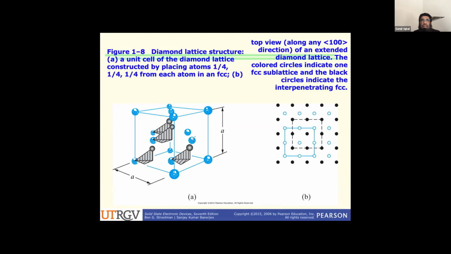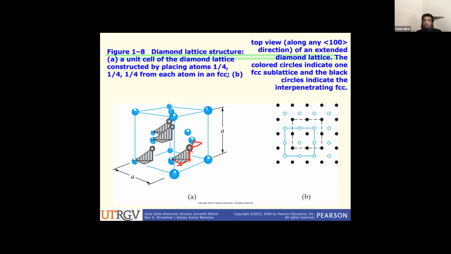So if I were using this one, I would still see that it was 1/4 by 1/4 by 1/4 away. So precisely it's 1/4 in this direction, 1/4 in this direction, and 1/4 in this direction. All right. So what's the twist in the diamond structure? There are 4 more atoms in it on top of FCC.